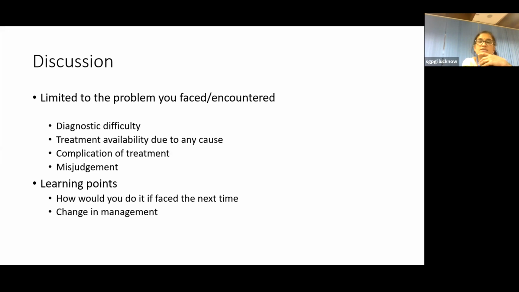And does this learning exercise involve a change in your diagnostic protocol, your approach to the patient, or the treatment which you would have provided? So that means, does it involve that you have to change the management of a similar case? That is the important aspect which has to be brought out from a mortality meeting presentation. So this was what I had to speak about case presentation and mortality meeting.